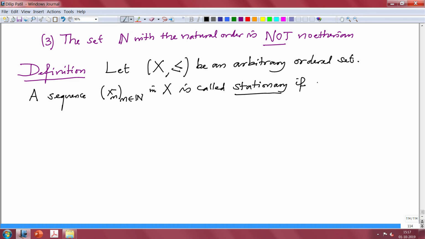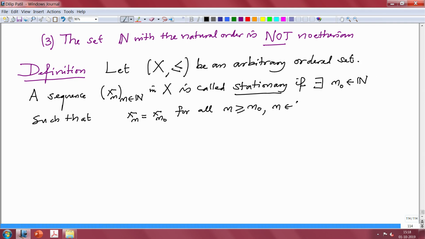So, I will write: if there exists n naught in n such that xn equal to x n naught for all n bigger equal to n naught, n in n. Such a sequence is called stationary.